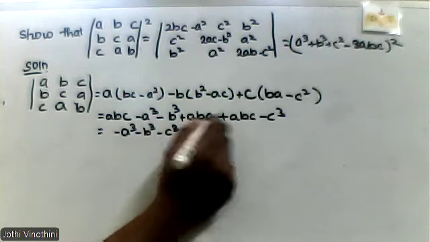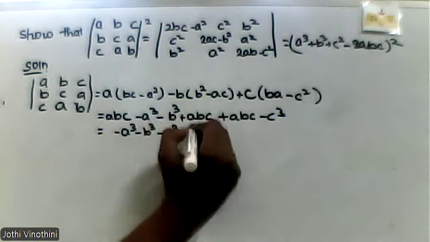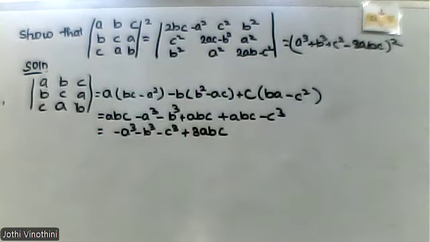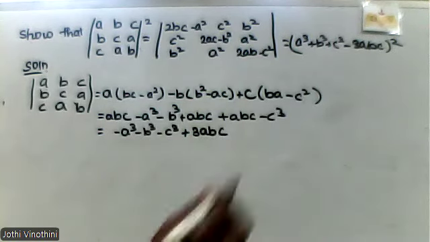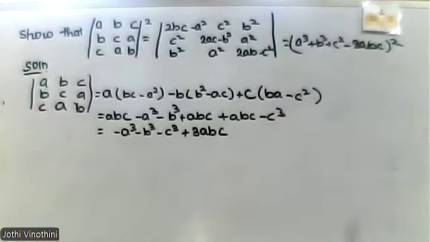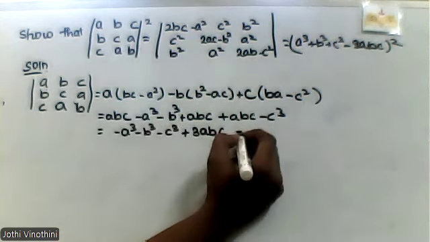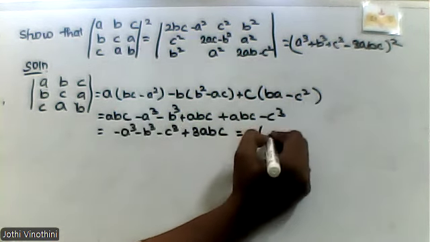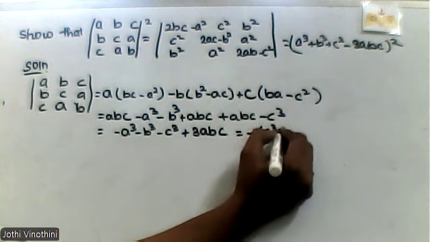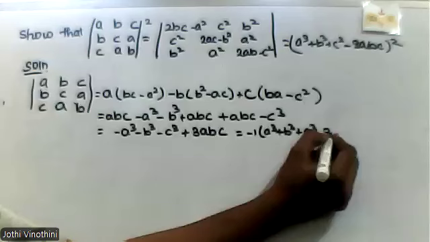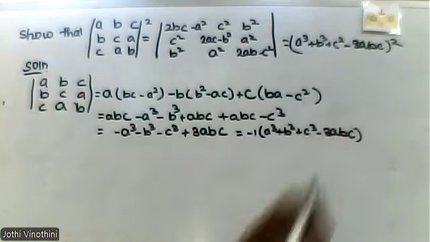Here ABC, here ABC, here ABC, so here we can write it as 3ABC, right? See the question, we have all the A cube, B cube, C cube in positive and 3ABC in negative. So I am going to take the negative one as common from all the elements. So it will become A cube plus B cube plus C cube minus 3ABC.